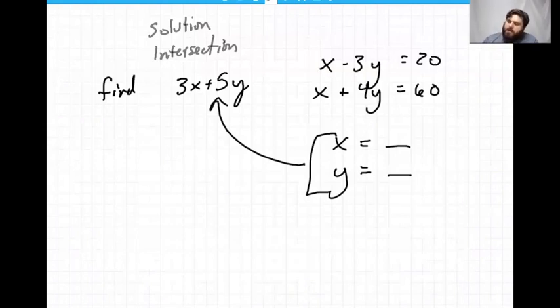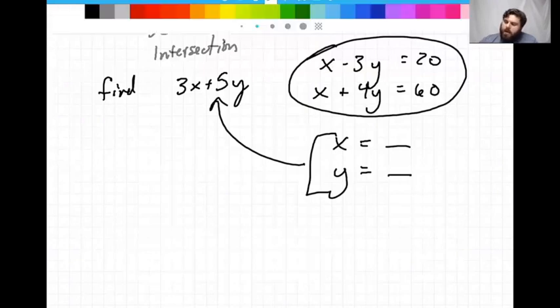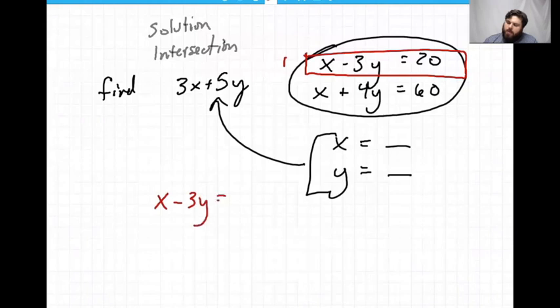Alternately, you can look for some sort of combination of these two equations that add or subtract to equal 3x plus 5y, okay? So in this case, if I were to take one of this equation here, just take one of them, okay? That's x minus 3y equals 20.